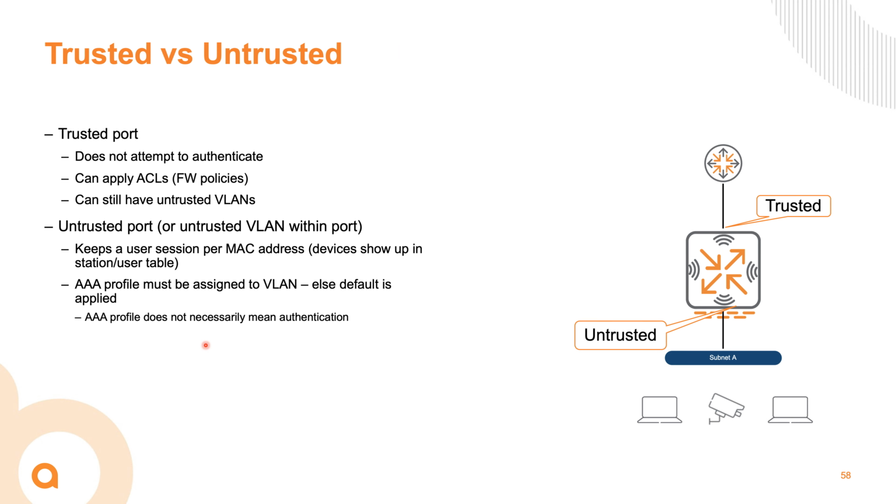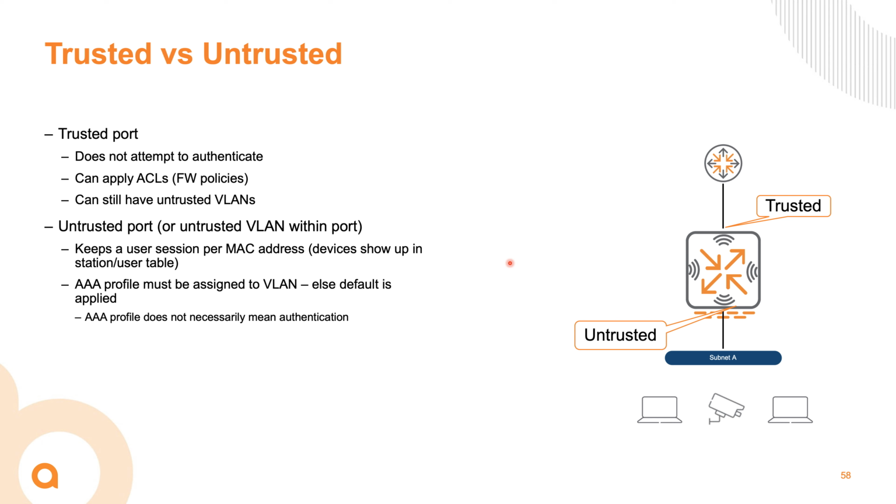And in order to apply these policies, we can apply policies or ACLs onto an interface. So this can be a physical interface or a VLAN interface. But in terms of the SD-Branch LAN side, it is recommended to untrust a particular VLAN on a trusted LAN port, and just to make certain user VLANs untrusted.